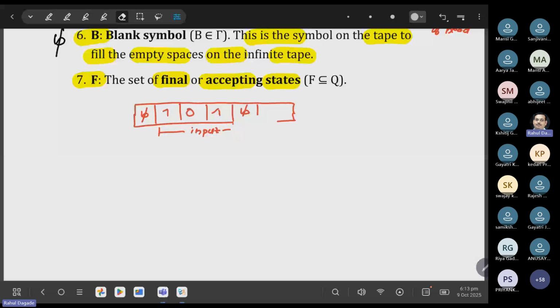Now we have a head, this is the TM head. So now it is reading the input 1.